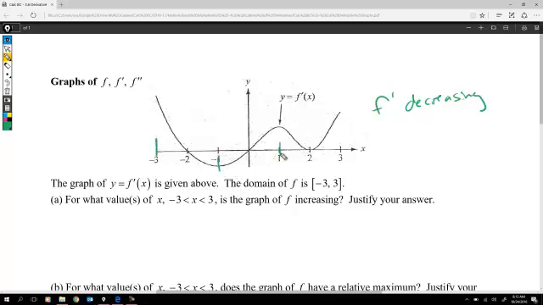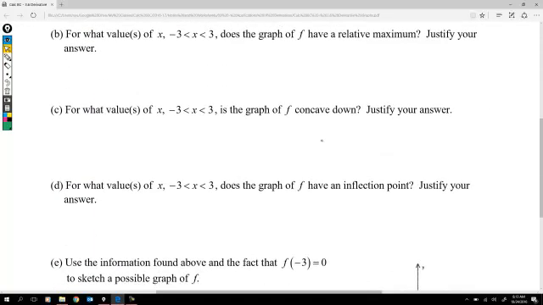It's increasing and then decreasing from 1 to 2. Okay, so -3 to -1, and then 1 to 2. All right, so I can say from -3 to -1, and then 1 to 2, and my justification would be because f prime is decreasing. All right, so again, my justification is in terms of f prime.